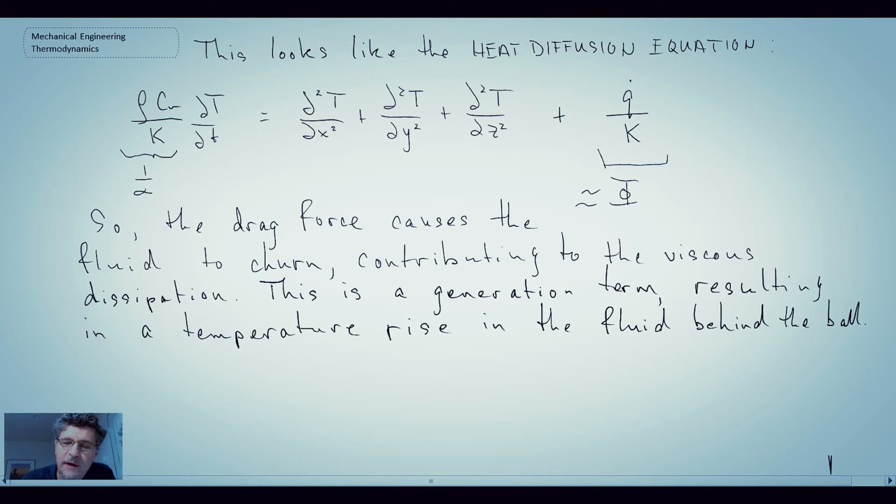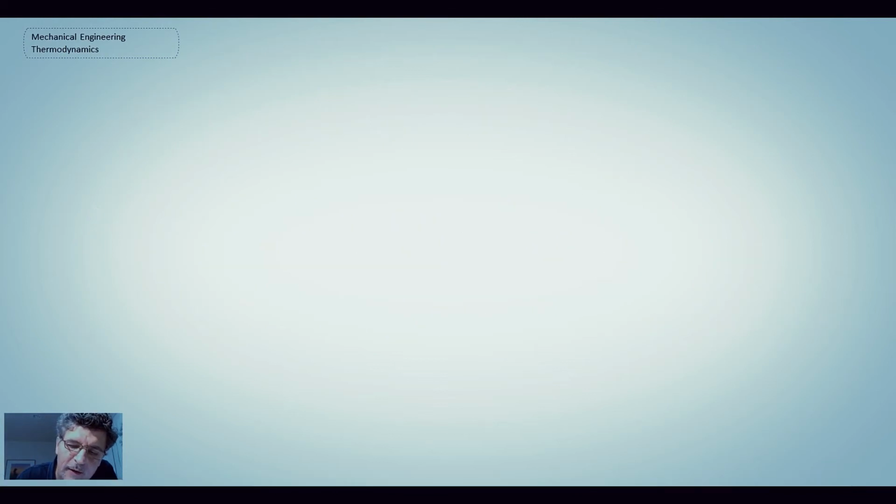So that's interesting. It tells us that when the ball goes through, the fluid temperature behind the ball goes up. So by this logic, what I can assume, because I have the first law that tells me that there's heat, work, internal energy, kinetic energy, potential energy, that's what we've used where we started.